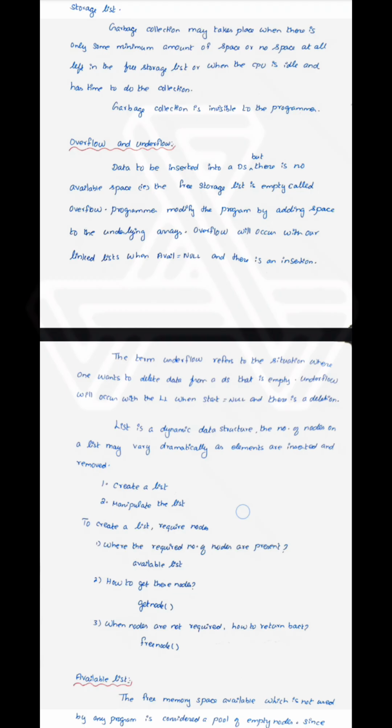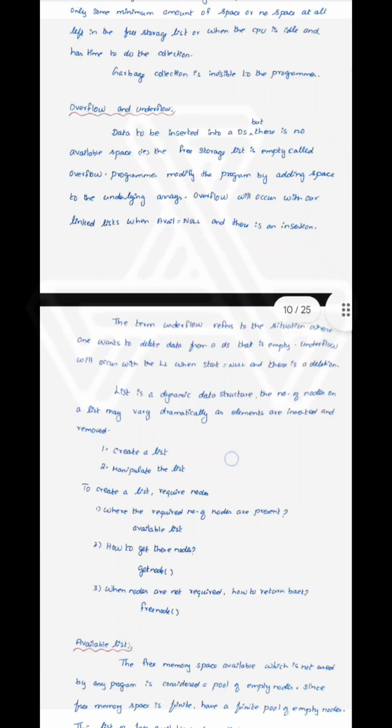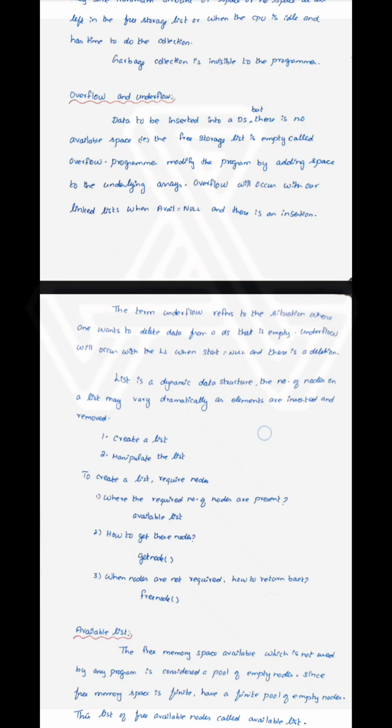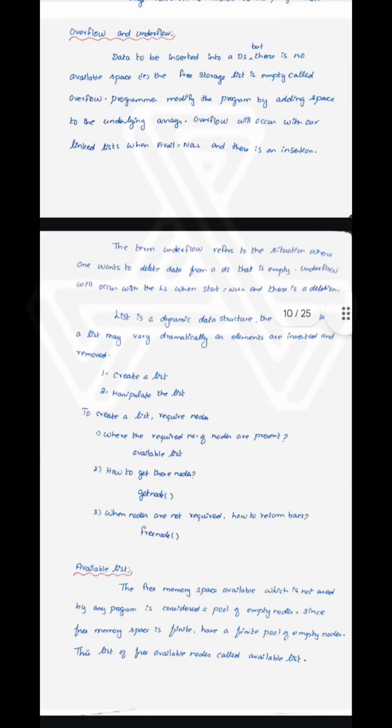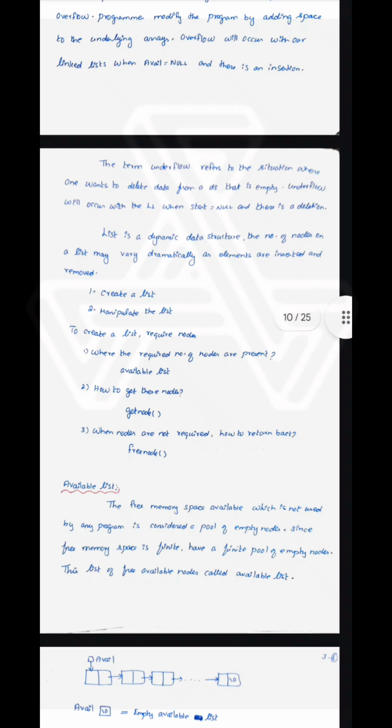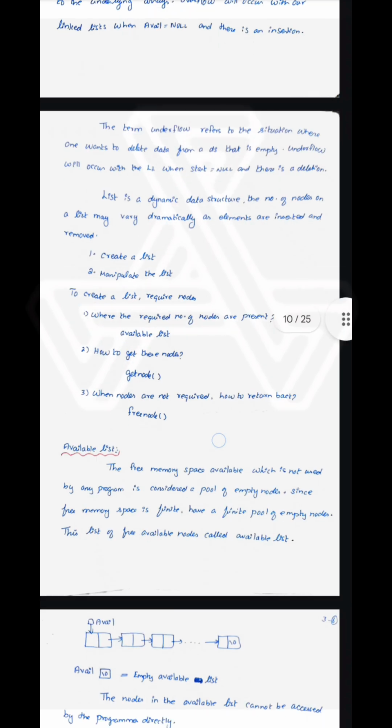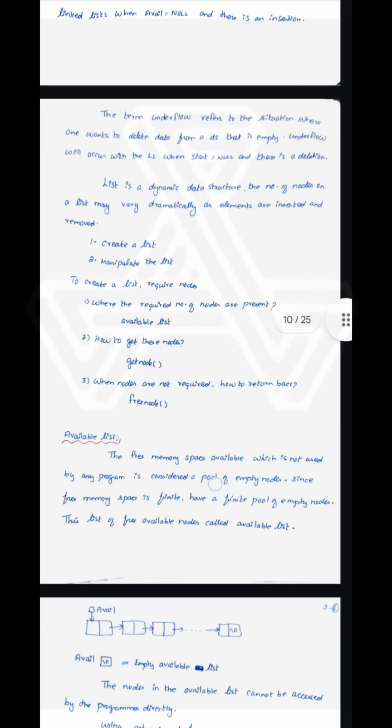Overflow will occur with our linked list when avail equals null and there is an insertion. The term underflow refers to the situation where one wants to delete data from a data structure that is empty. Underflow will occur with the linked list when start equals null and there is a deletion.